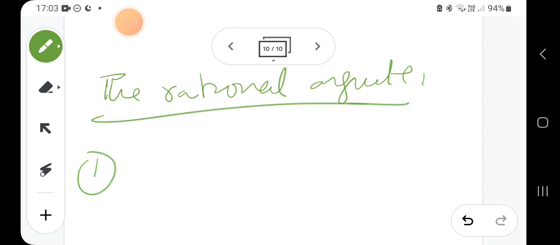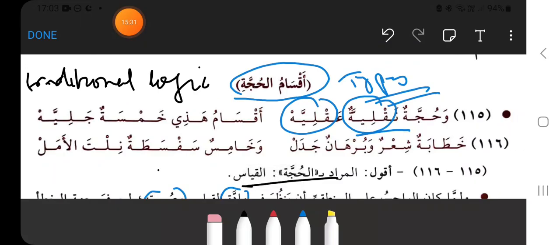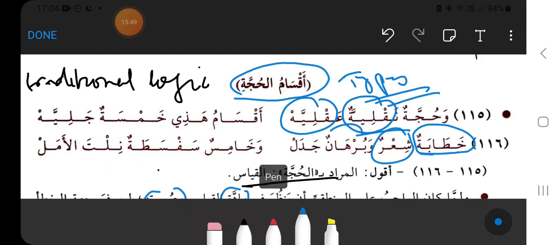According to our author, rational arguments as to their subject matter are of five types: khataba, shir, burhan, jadl, and the fifth one is safsata.